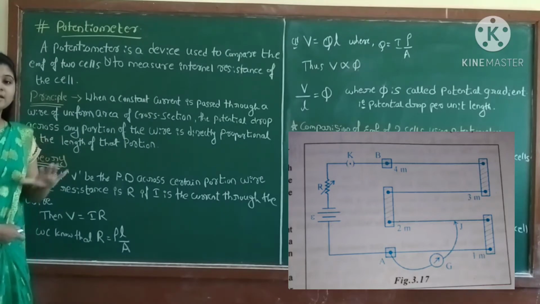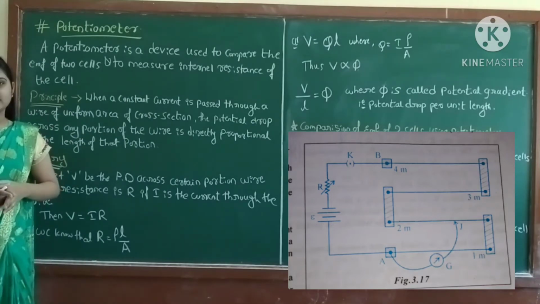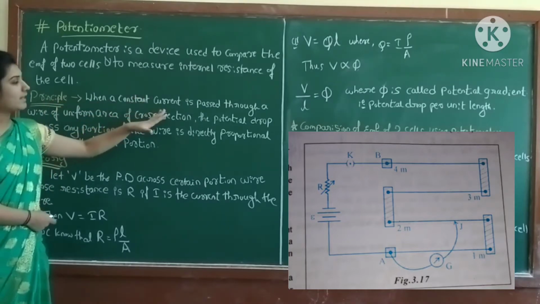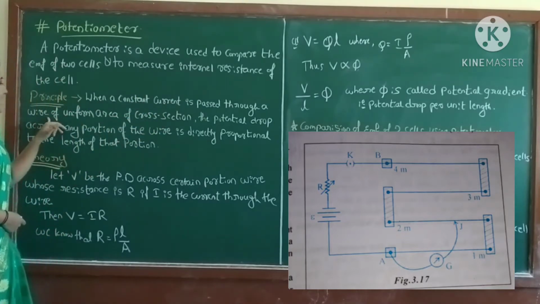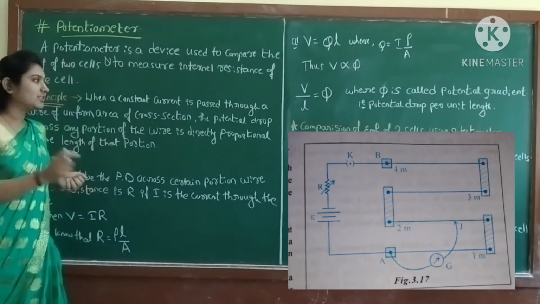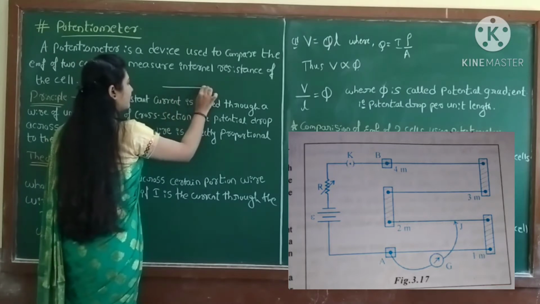So this is a potentiometer. Then on what principle does it work? See, when a constant current is passed through a wire of uniform area of cross section, just consider one wire here.